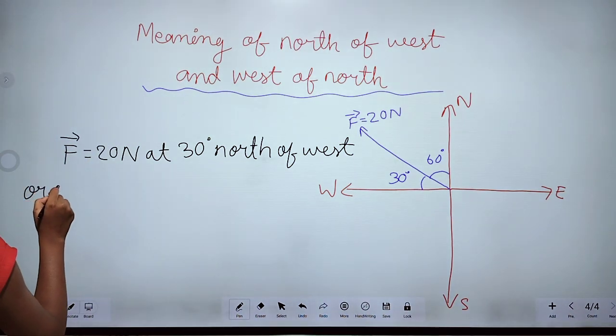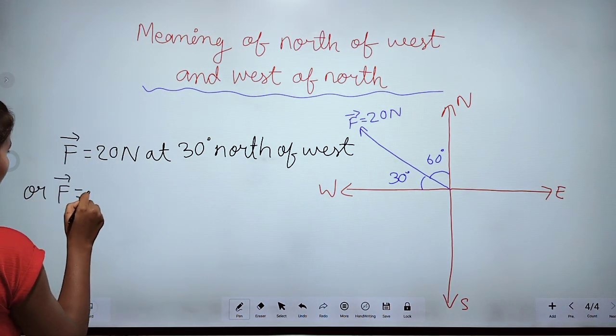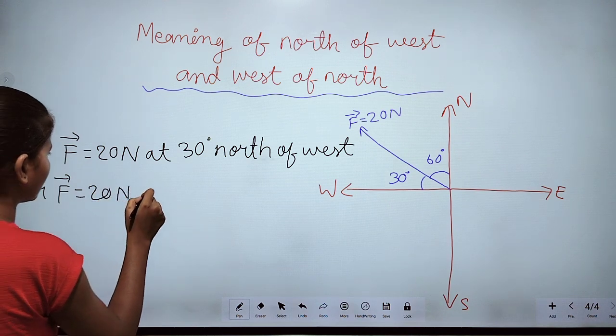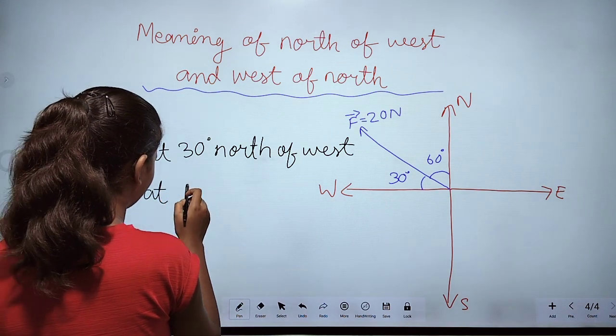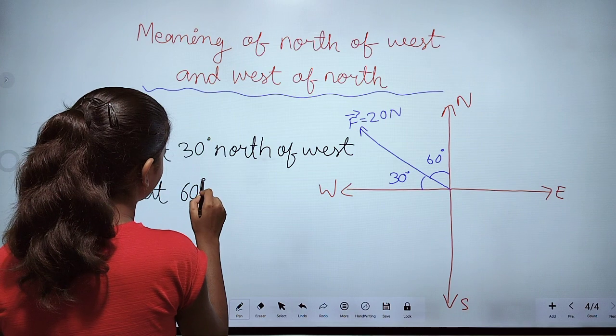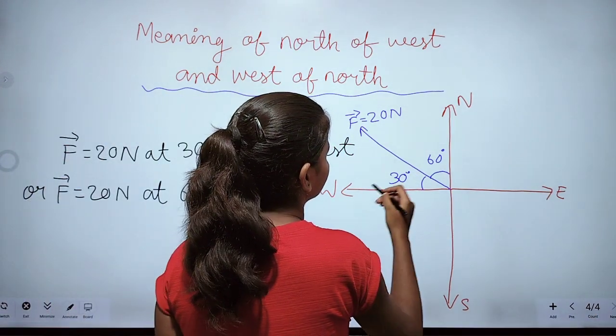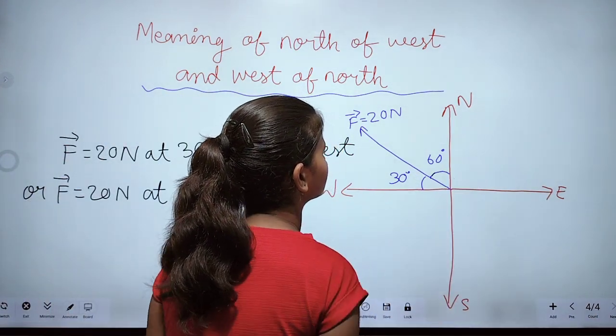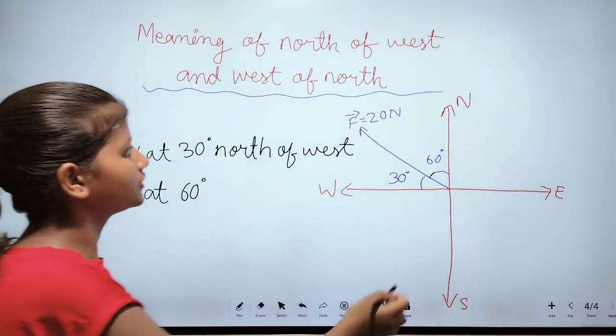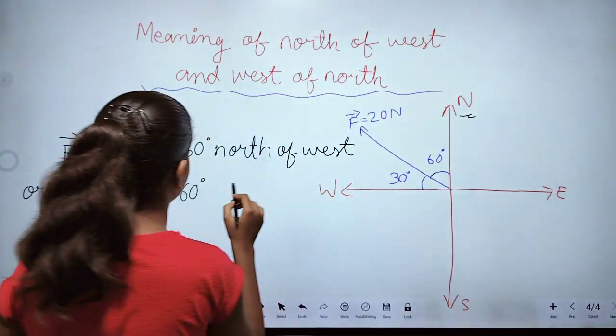Or you can also write like this: force is equal to 20 Newton at 60 degree west of north. 60 degree is formed with north.